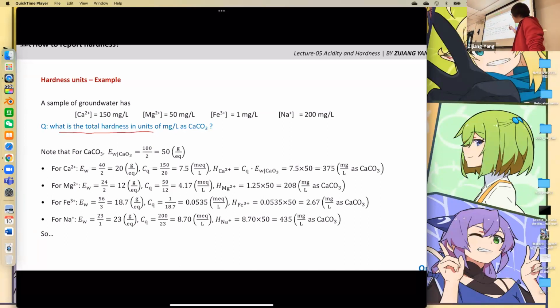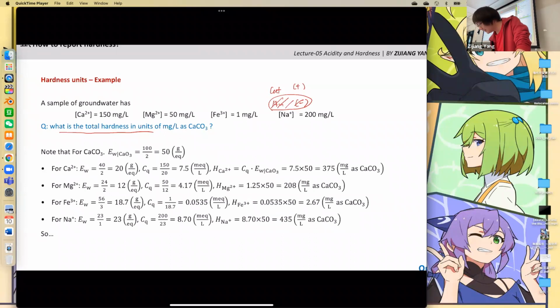So basically, when we are talking about hardness, we do not care about the anions. Cations refers to ions that have positive charge, right? And the anion refers to the negative charge. So we are not caring about the anions. We only care about the cations, the ions that have positive charge.